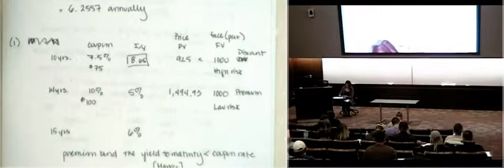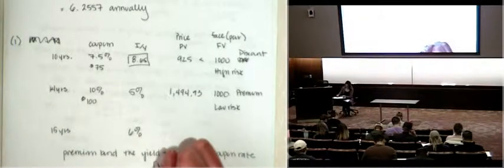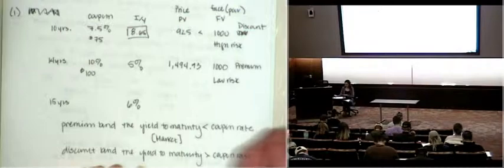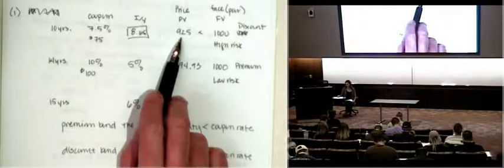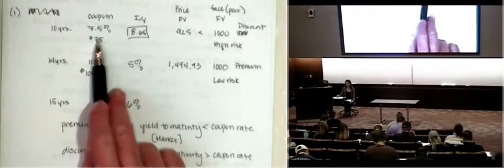For a discount bond, we can see what's going on with the yield to maturity. The yield to maturity is bigger. The yield to maturity is larger than the coupon rate. The intuition here is when the price is really low, not only do you get the coupon payments, but you also get the capital gains.